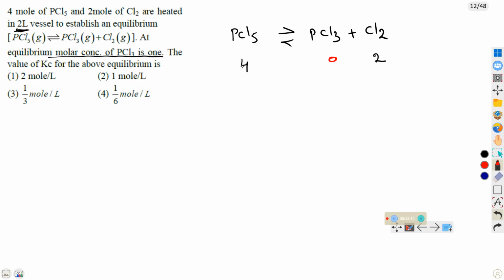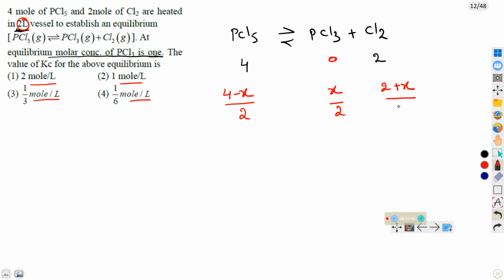Now, at equilibrium, X amount of substance is dissociated. So 4 minus X, X, and 2 plus X. The answer is given in terms of moles per liter, but here the volume is 2 liters, so the entire moles are divided by 2.